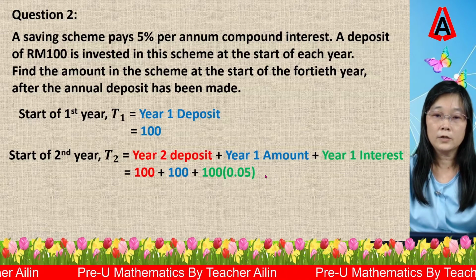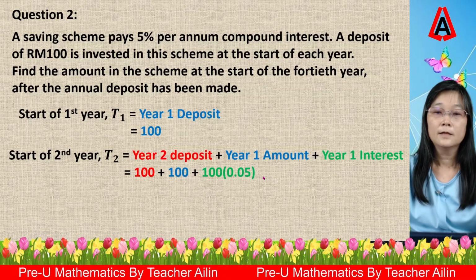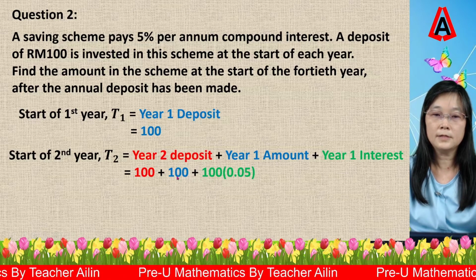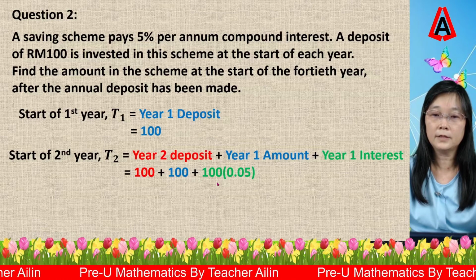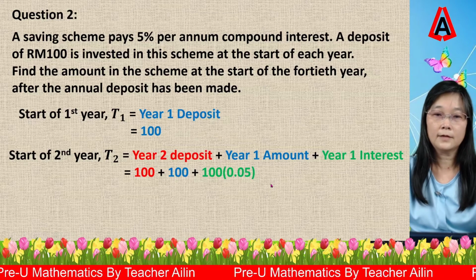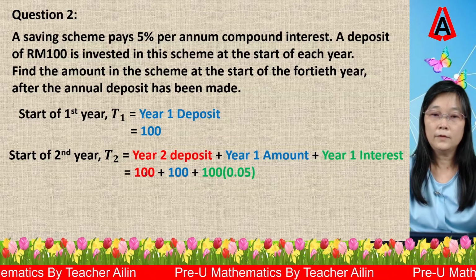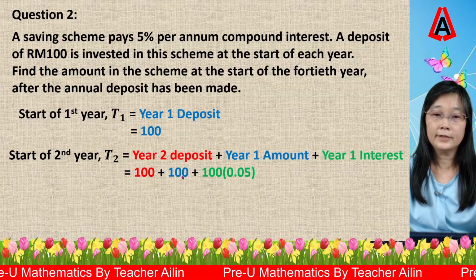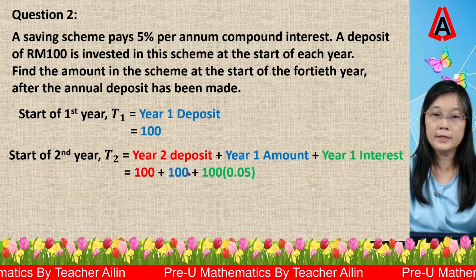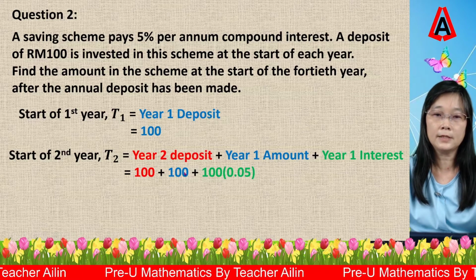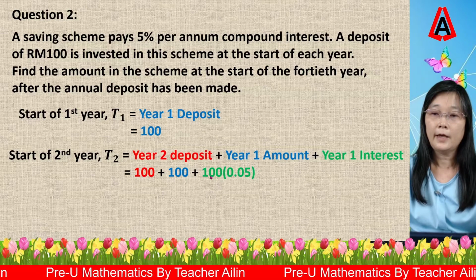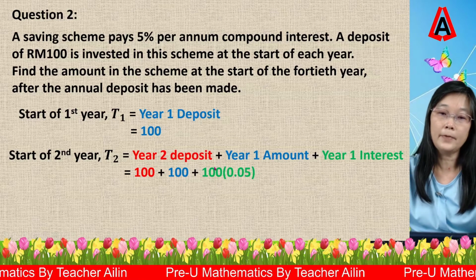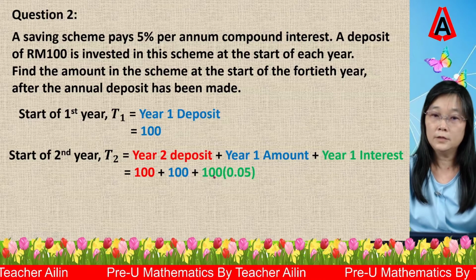So now we are going to do the factorization. Even though here you can see there are three 100 ringgit, when doing the factorization, we won't involve the new deposit 100 ringgit. We are going to factorize the 100 ringgit that was deposited during the first year and the interest, because interest is 5% based on the year 1 deposit.